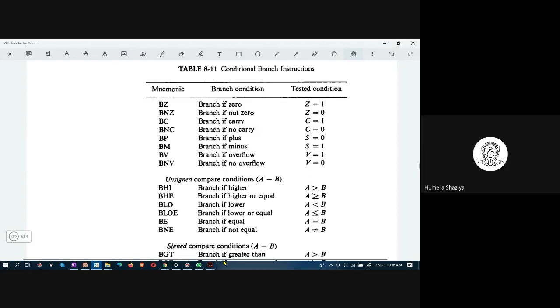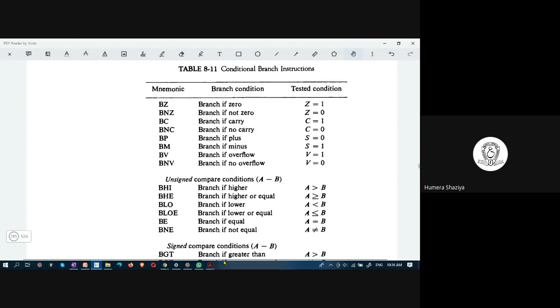Z equal to 1 means branch if zero, mnemonic is BZ. Z equal to 0 means branch if not zero, BNZ. Branch if carry. Branch if no carry. Branch if plus. Branch if minus, meaning positive number, negative number. Branch if overflow. Branch if no overflow.